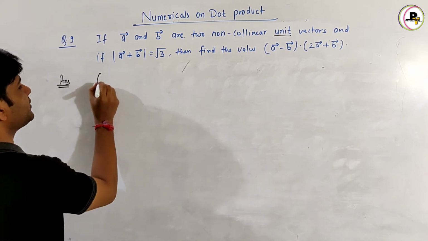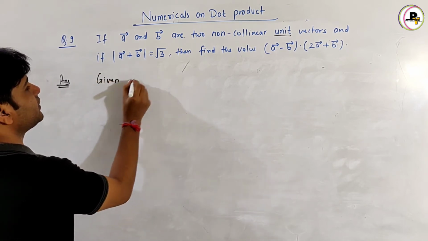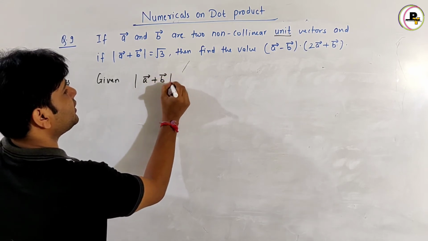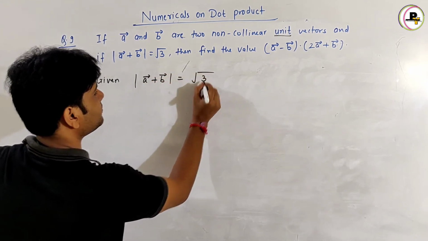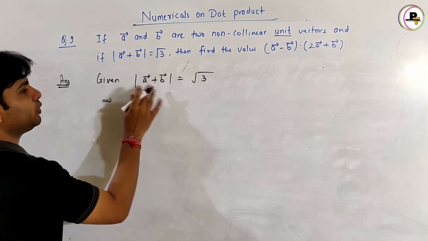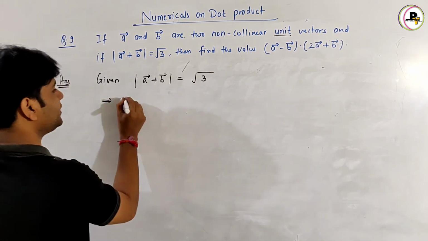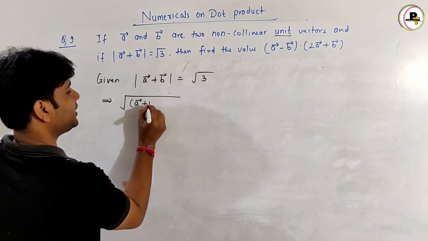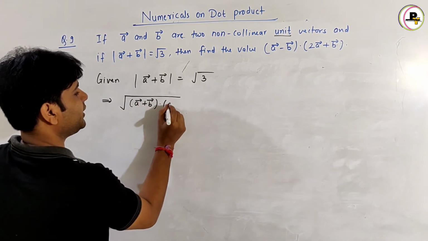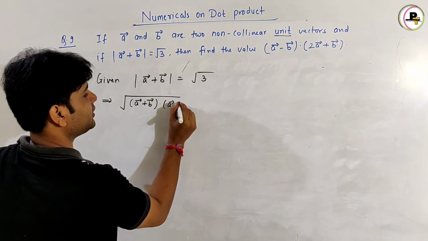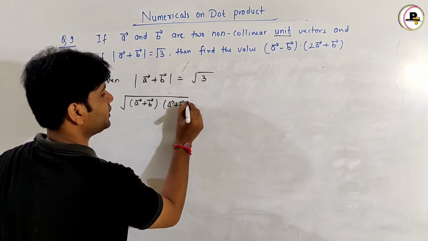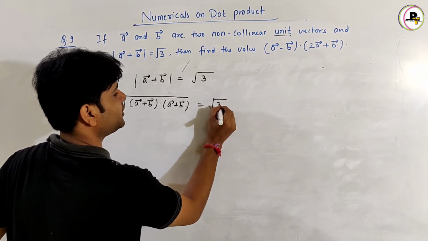Here I have given mod of a vector plus b vector equals square root 3. And as I know that mod of a vector plus b vector is what? It is square root of a vector plus b vector dot a vector plus b vector, using the property of self dot product, and this is equal to square root of 3.